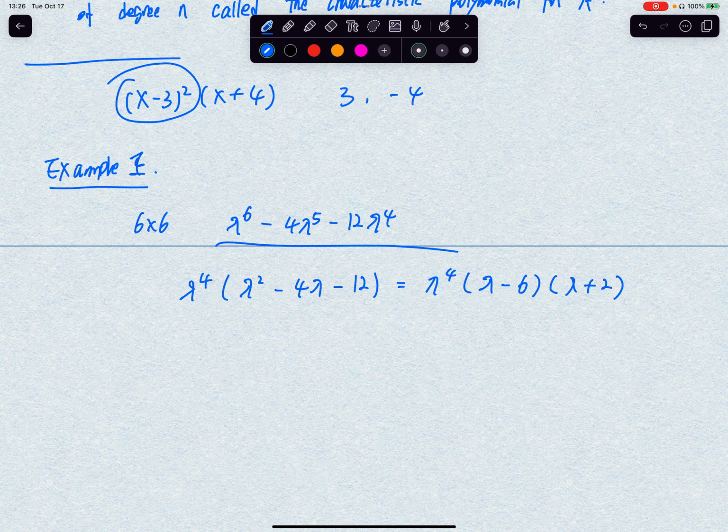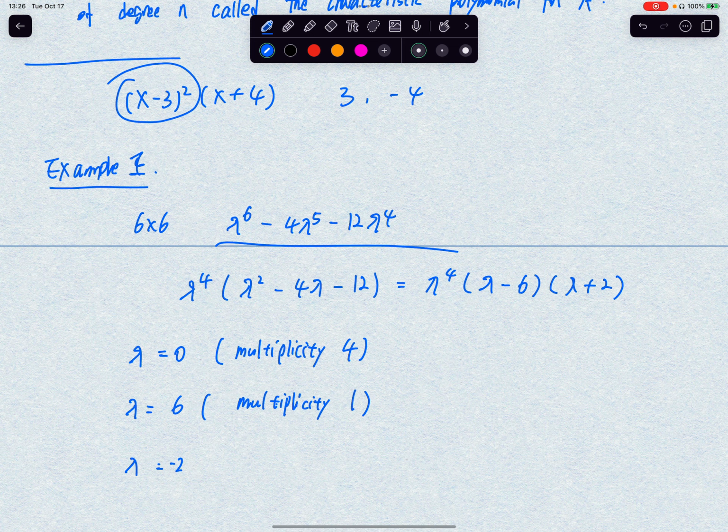So the eigenvalues are lambda equals 0 with multiplicity 4, lambda equals 6 with multiplicity 1, and lambda equals minus 2 with multiplicity 1.